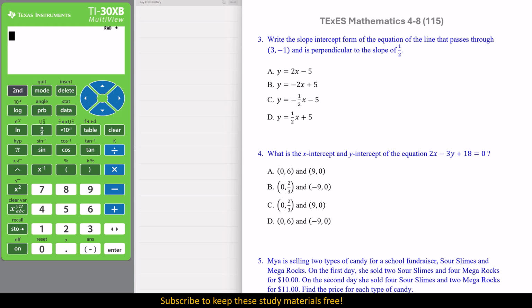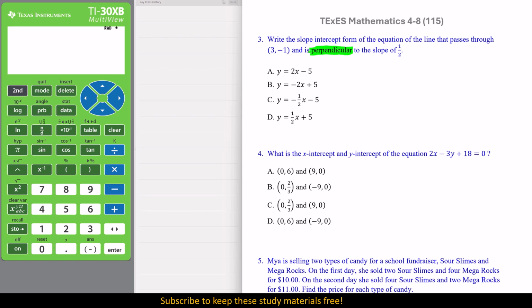Okay, let's go to number 3. Number 3, write the slope-intercept form of the equation of the line that passes through (3, -1) and is perpendicular to the slope of 1/2.